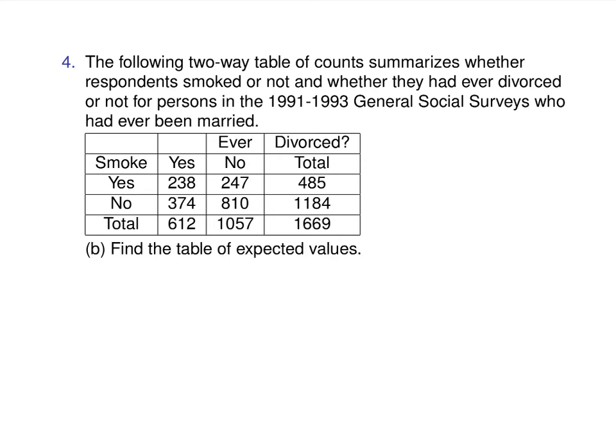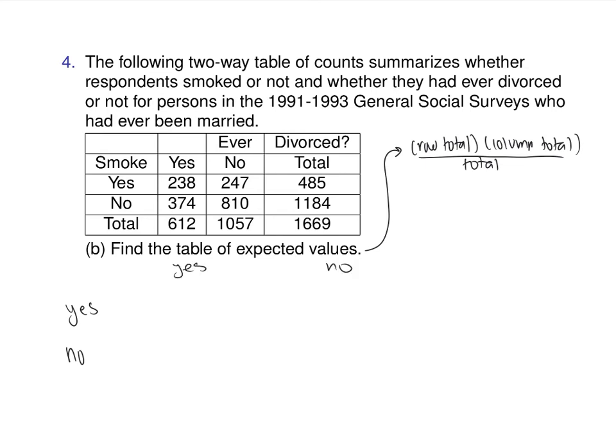To test whether this is a relationship, we use the table of expected values, and remember the formula for that is row total times column total over the total. So we have the yes and the no's, and the yes and the no's.